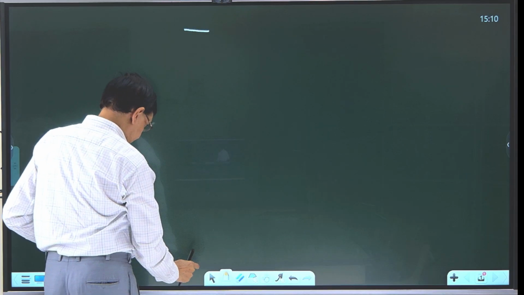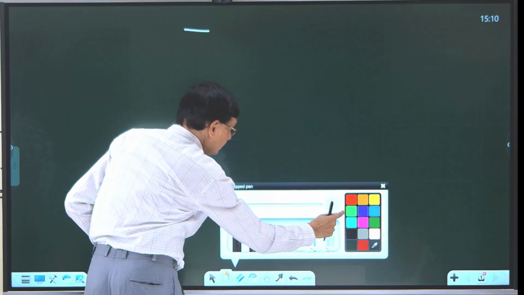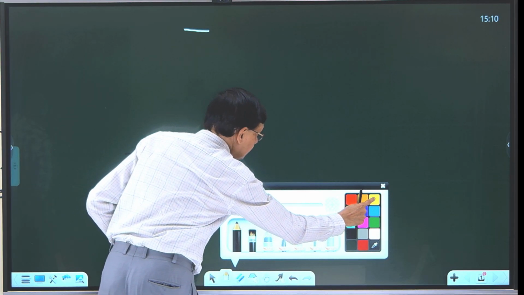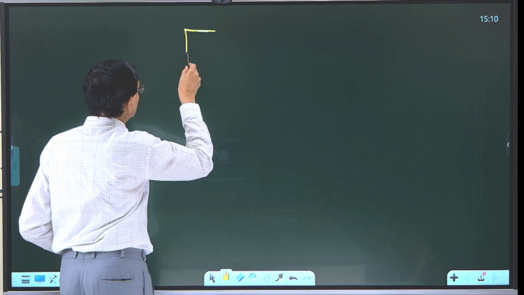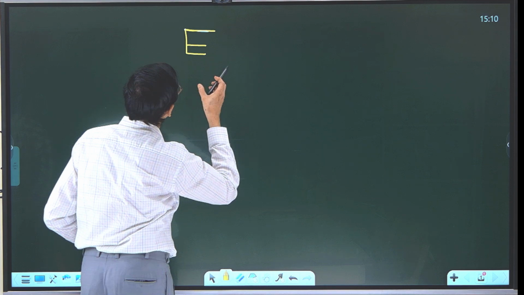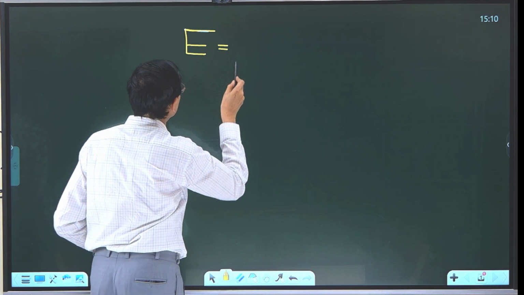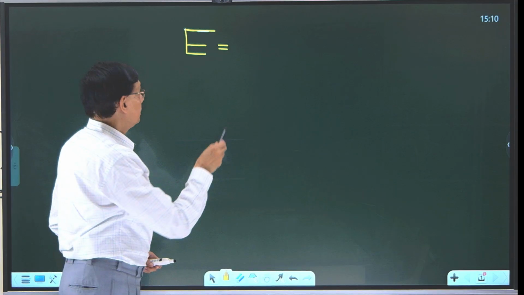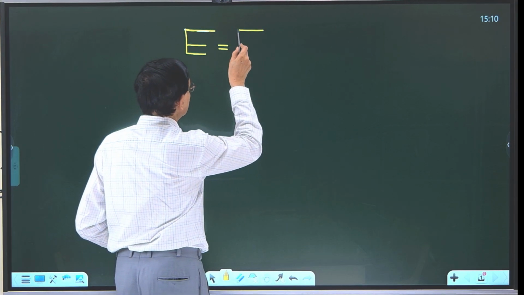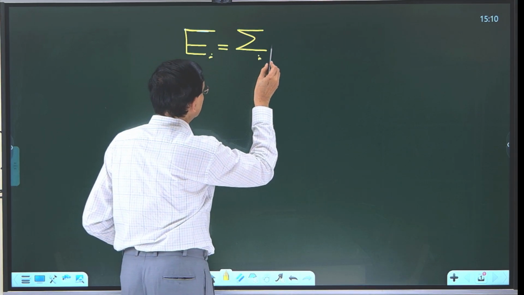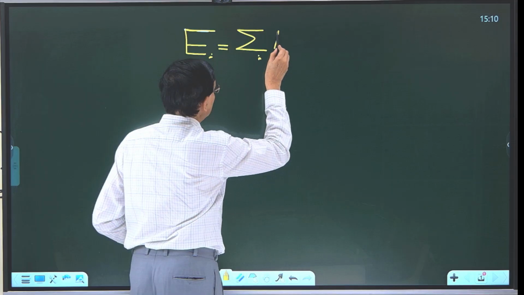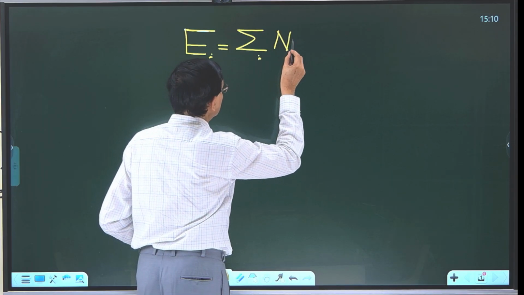So first we know that E is equal to summation of Ni Ei.